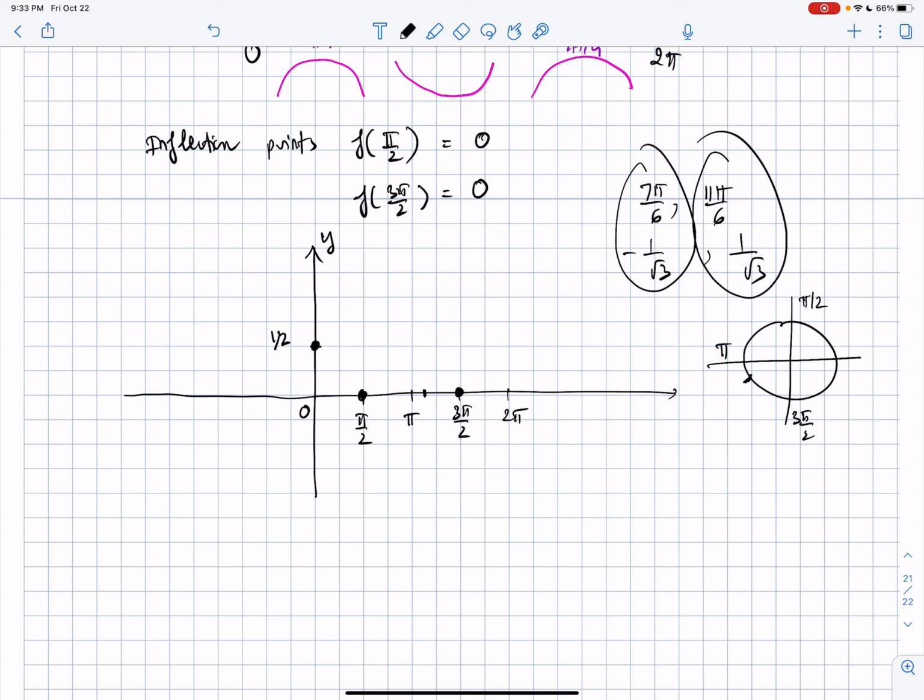And 1 divided by 1.7 is about 0 point something, so we will have the point somewhere here. Then 11 pi over 6 is very close to 2 pi, and we get the point something like right here.